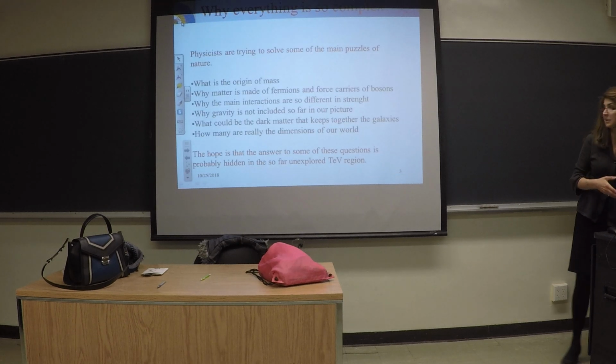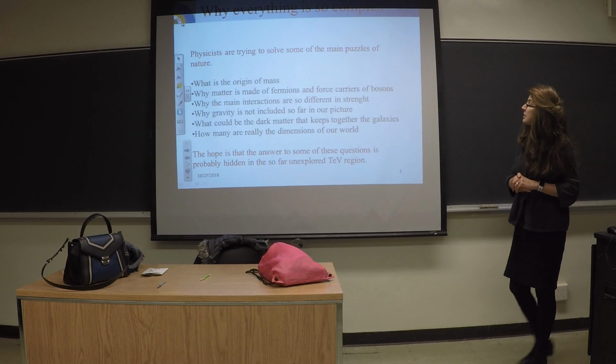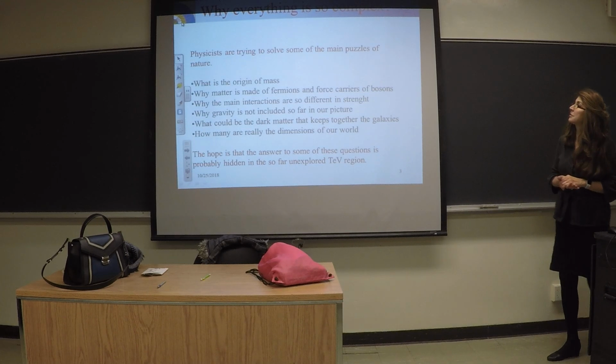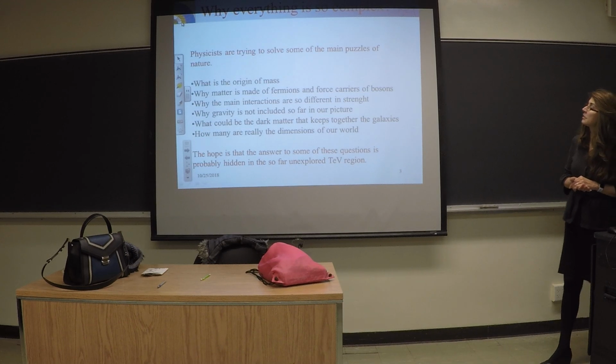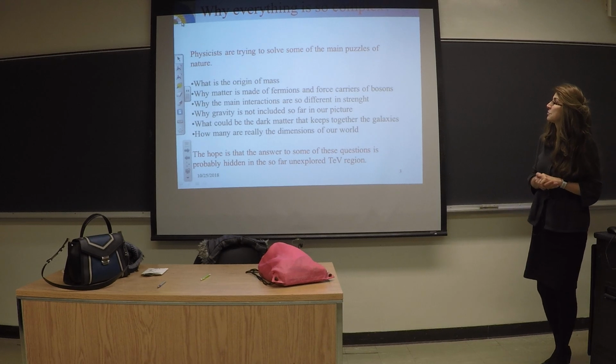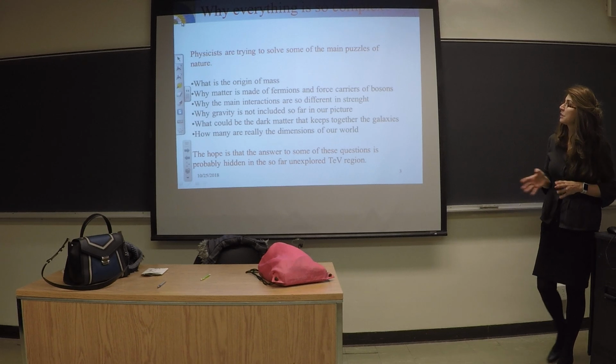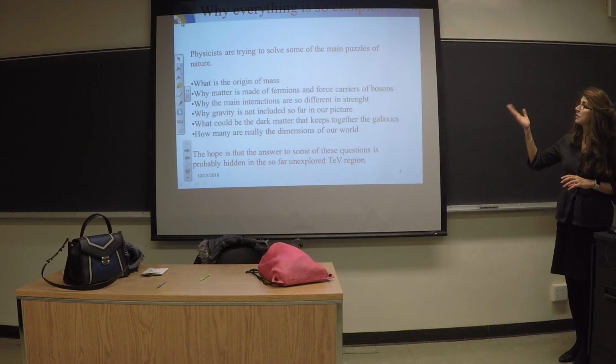So obviously this is used in many different areas. And now the question is particle physics. Why are we using detectors? What are we trying to do? One of the main things is that physicists are trying to solve main puzzles of nature. For example, what's the origin of mass?